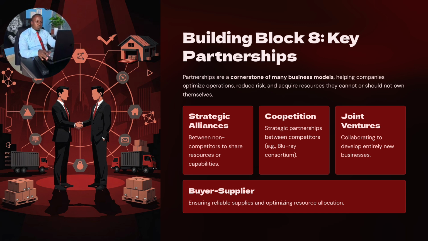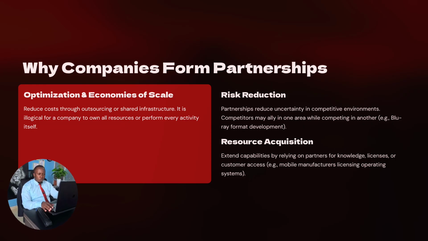Now, you might ask yourself why companies form partnerships. Now, these are the key motivations to do this. The first one is optimization and economies of scale. Now, companies reduce costs through outsourcing or shared infrastructure. It is illogical for a company to own all resources or perform every activity itself.